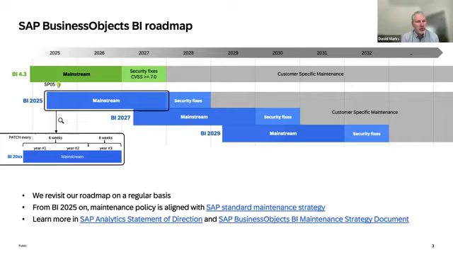The customer specific maintenance, you'll see out there in the gray area. If you get into that area on your product, it means there won't be patching on the software, just customer support. You'll be able to get questions answered by support, but not any patching.